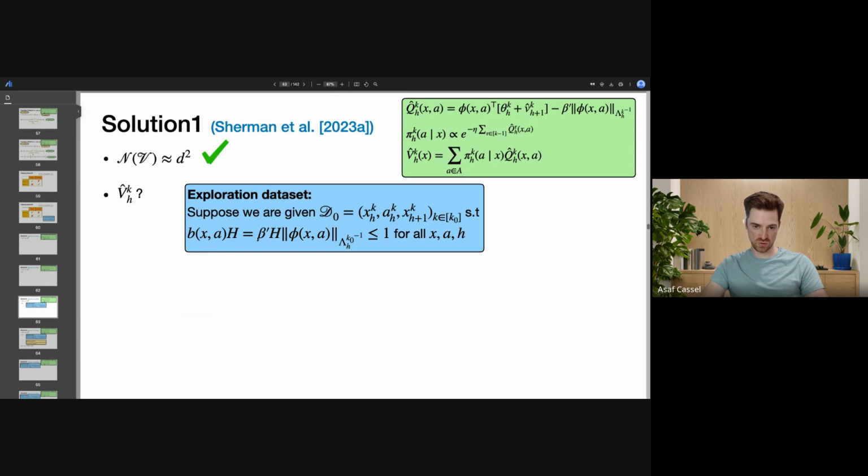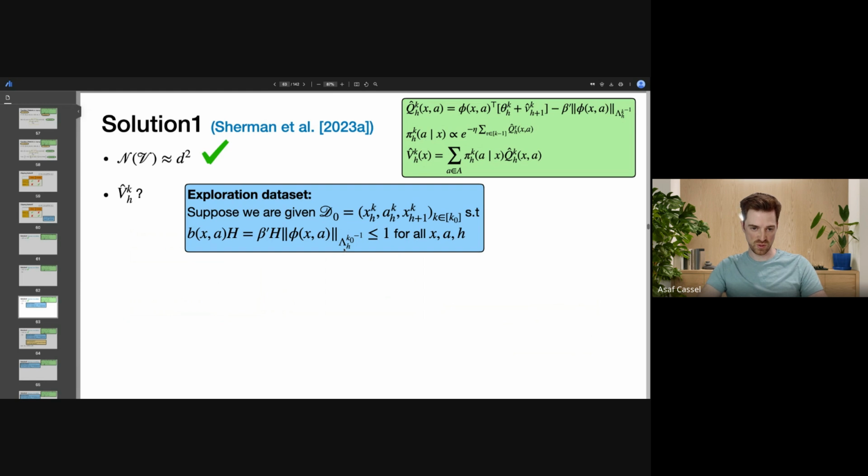Which, if you write the bonus explicitly, is just this constant beta times h times the elliptical potential, where this matrix is only with respect to the data in the exploration data set. So this needs to be less than 1, or you can divide by beta h to get this.